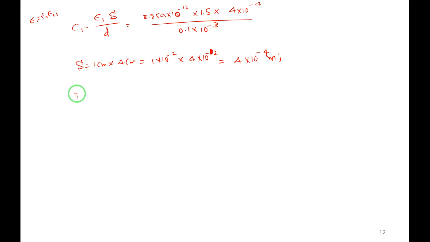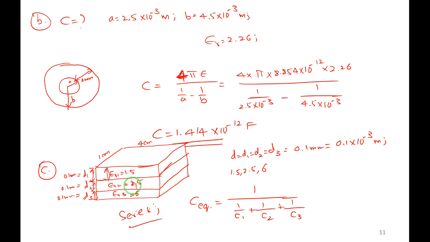Similarly, C2 is equal to epsilon 2 into S divided by D. It is also the same, so 8.854 into 10 power minus 12 into epsilon R2, which is 2.5 instead of 1.5.